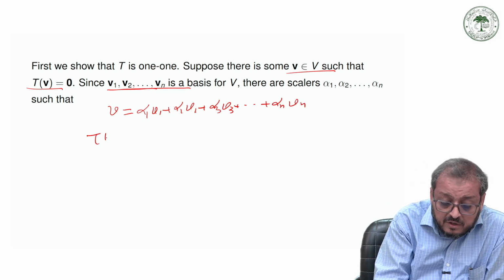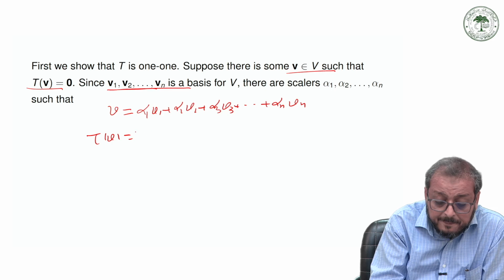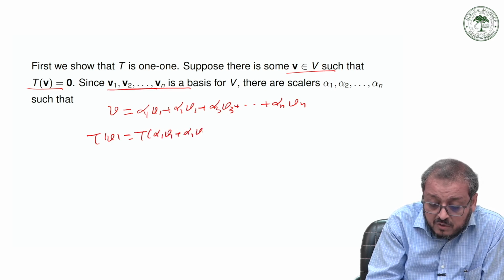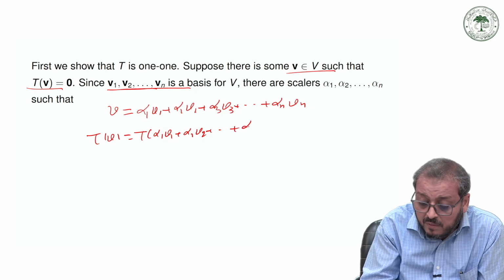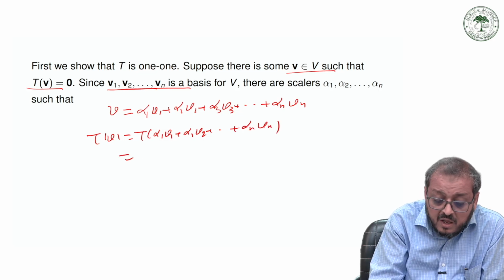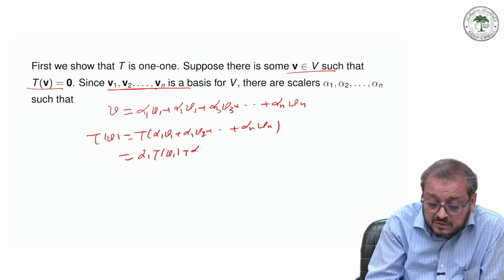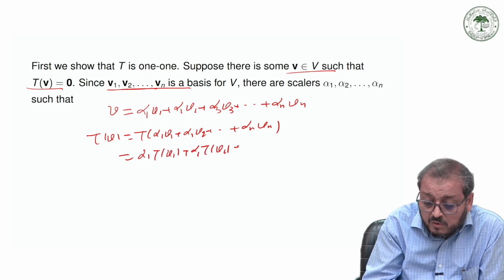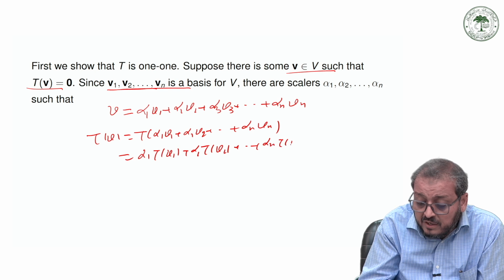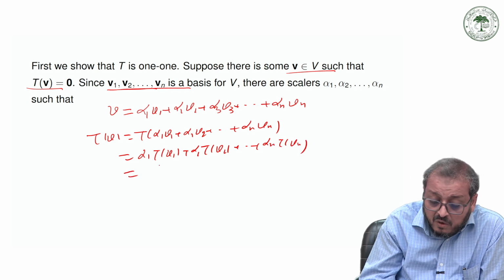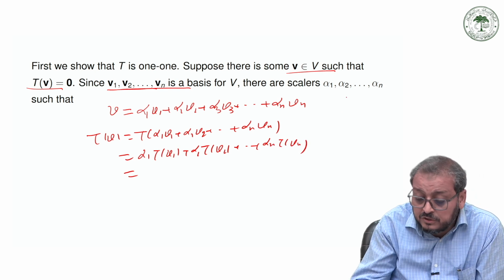Now we take T of v, which is T of alpha 1 v1 plus alpha 2 v2 plus so on, alpha n vn, and since T is a linear map, this equals alpha 1 T of v1 plus alpha 2 T of v2 plus so on, alpha n T of vn.